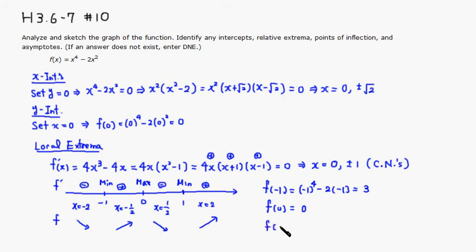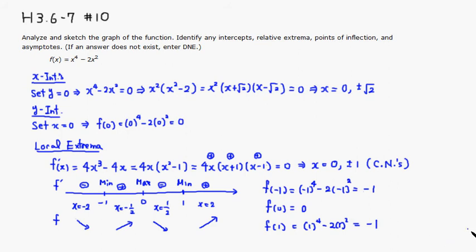And f of positive 1 is going to be 1 to the 4th, which is 1, minus 2 times 1 squared. Oh, actually, I messed it up. This is squared. So this is actually 1 minus 2, so it's negative 1, right? And this is the same, it's negative 1, right?